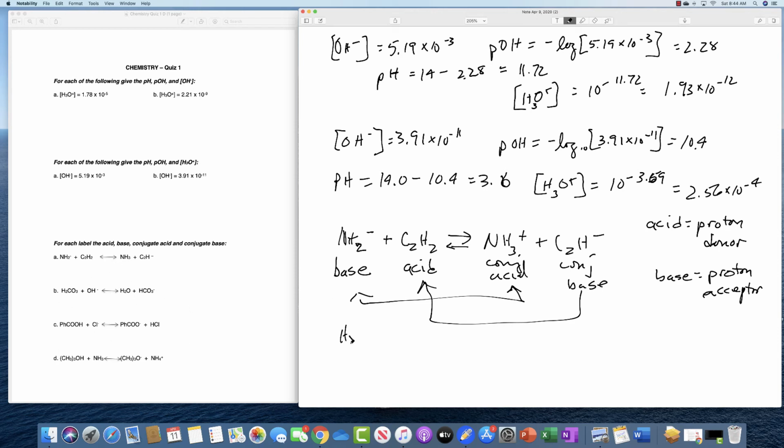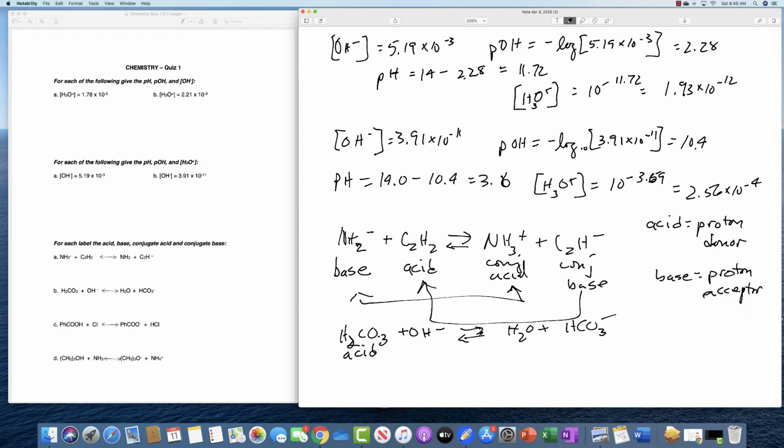If you have H2CO3 plus OH minus goes to form H2O plus HCO3 minus. Going in this direction, this species loses a hydrogen. It donates a hydrogen, so it's the acid.